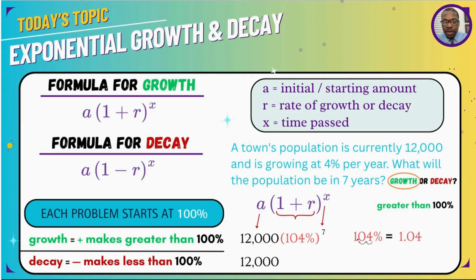So once again, we have 12,000, and our growth rate is 1.04, and it's going to be to the 7th power. If we plugged it into Desmos or any other calculator, we would get a result of 15,791 people. All right, let's take a look at a couple more examples to make sure we are experts.